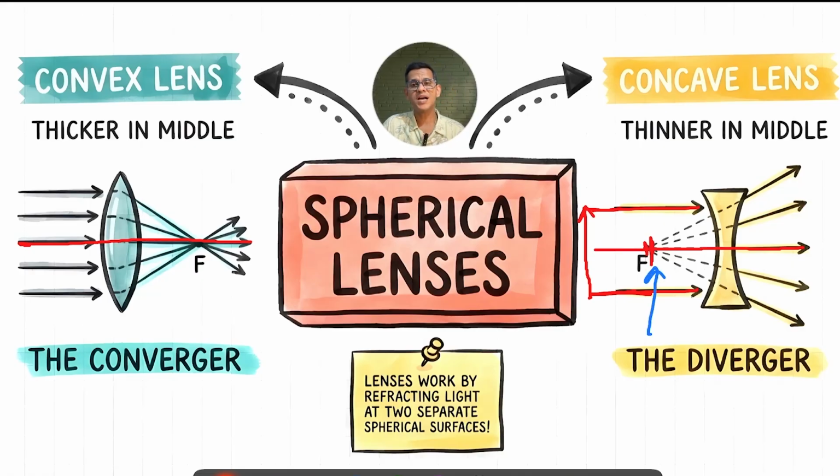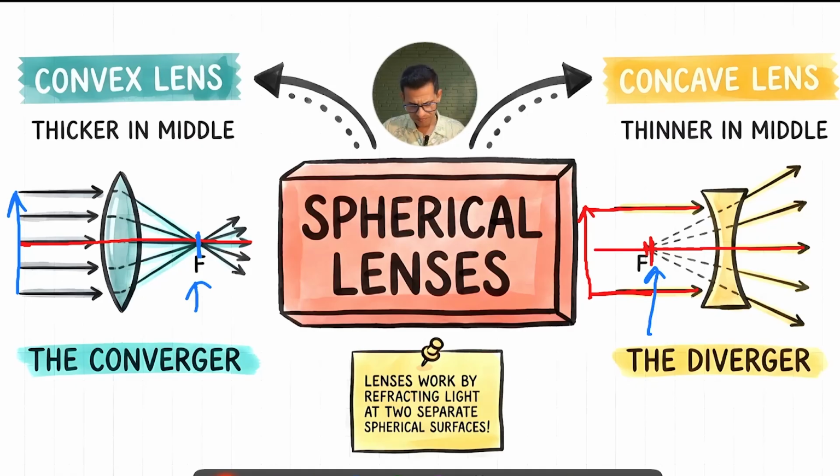This image will be highly diminished and point-sized, but it will still be virtual because the light rays appear to diverge from that point. On the other hand, if I place the object at infinity of a convex lens, again it is going to form a highly diminished image at focus of the convex lens, but this will be a real image as the light rays are actually intersecting.